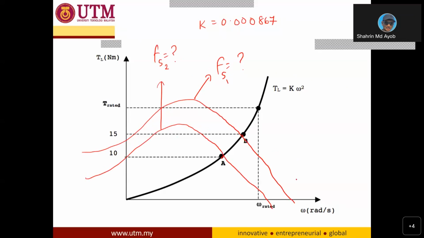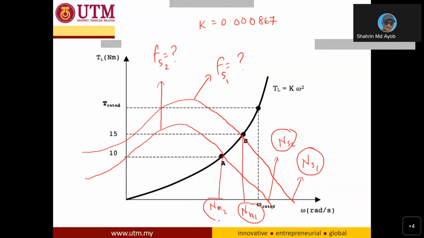So the question is find this one and S1 and S2. Okay. And then find NMB, NN1 and also the motor speed for load number 2. Ni yang disuruh cari lah. Itu the question punya target lah.